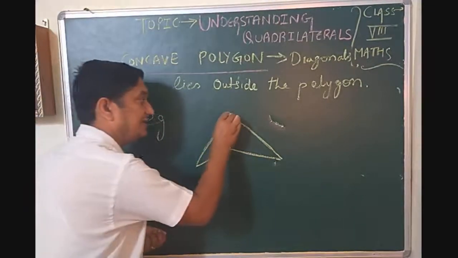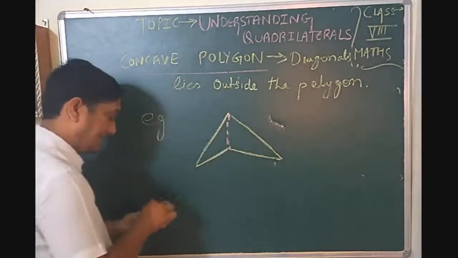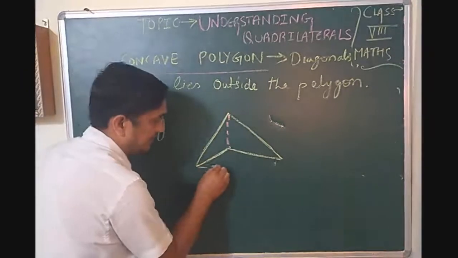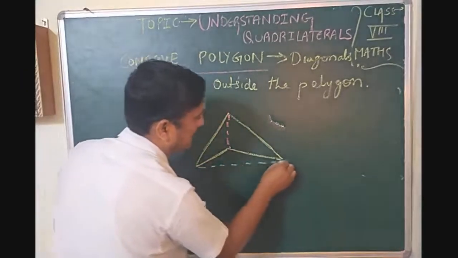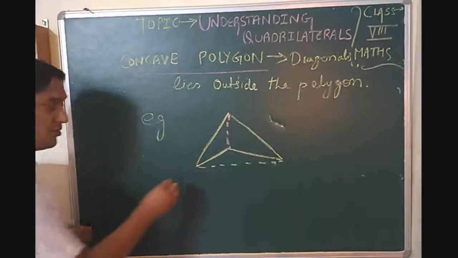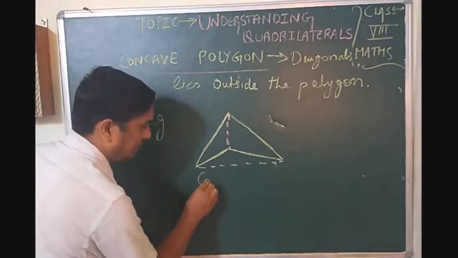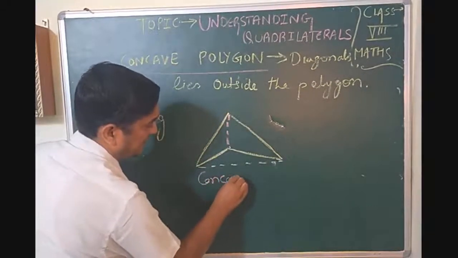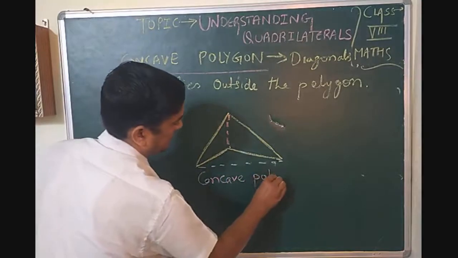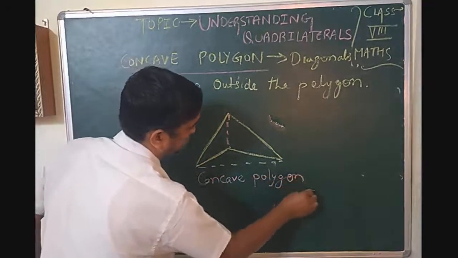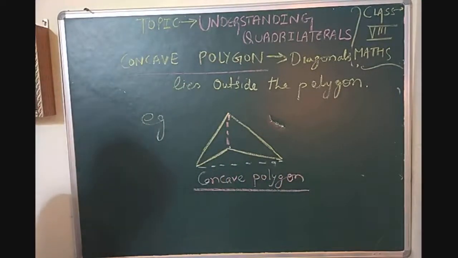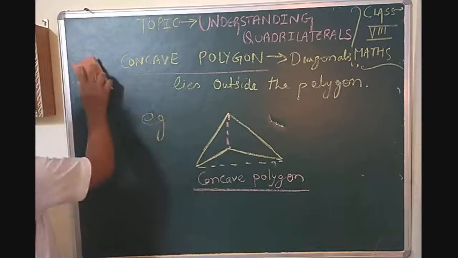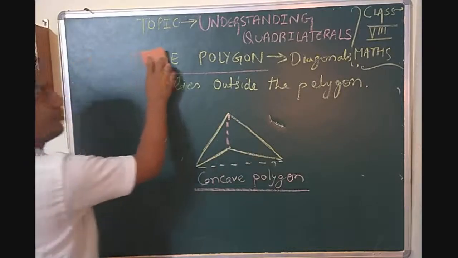Here one of the diagonals is this and the next diagonal is this. Here one of the diagonals lies outside the polygon. So this is called concave polygon. Now children, after this we will learn the angle sum property of polygon.